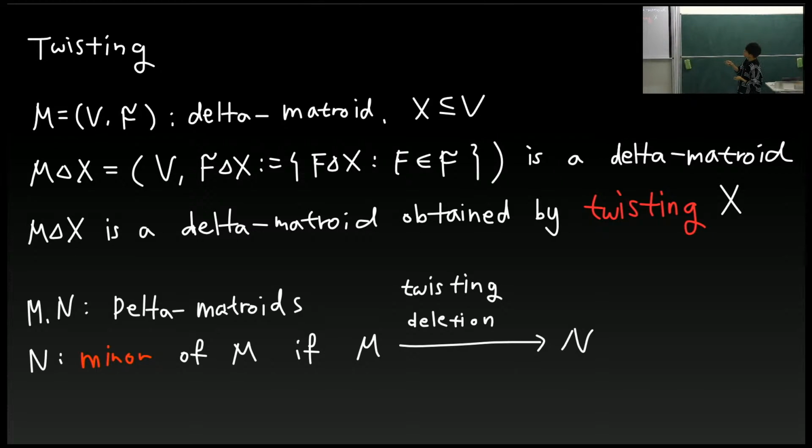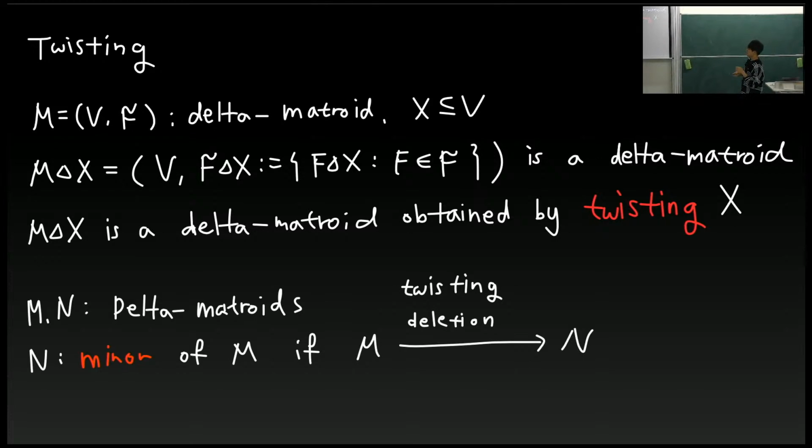Let M be a delta-matroid defined over a set V and X be a subset of V. Then let F delta X be the collection of sets obtained from each feasible set of M by taking the symmetric difference with X. Together with V, this collection forms a delta-matroid, and we denote it by M delta X. Then we say that M delta X is the delta-matroid obtained from M by twisting X. Also, let M be a delta-matroid.